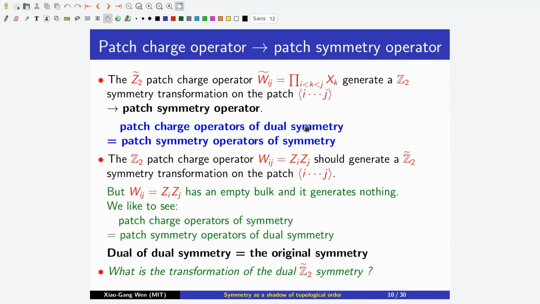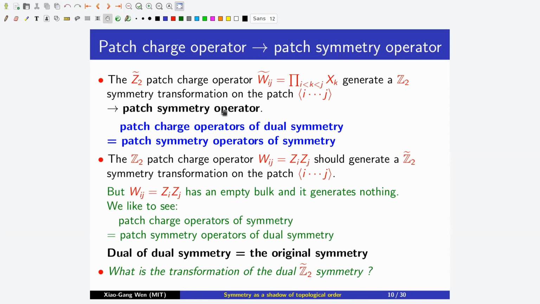So from here, let's look at this dual symmetry charge operator. This patch charge operator for the dual symmetry is just a spin flip along a segment. But this one is nothing but the Z2 symmetry transformation for the original symmetry. So therefore, the patch charge operator for the dual symmetry is a patch symmetry operator for the original symmetry.